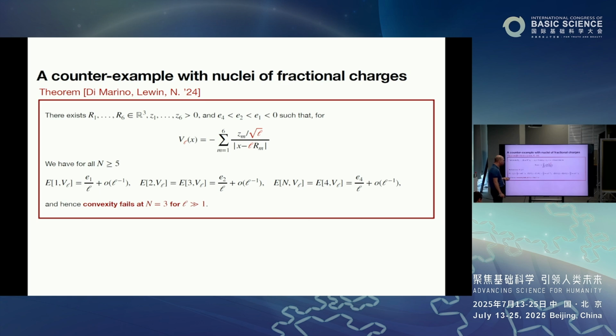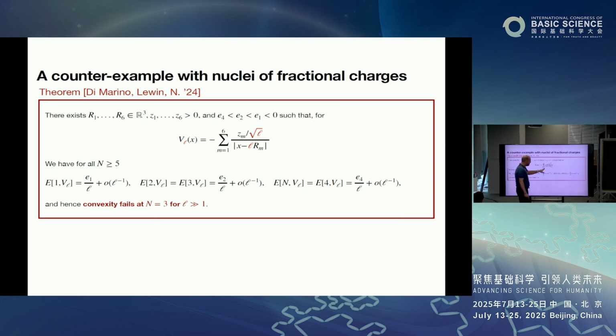And so what you can show is that if you take some very special confining potential, you can prove that there exist some positions R1 to R6, some charges zeta 1 to zeta 6, and these small numbers E4, E2, and E1. And then I will tell you everything about these numbers. Just remember that we can prove that they exist, but moreover, we can actually have the exact value of all these parameters.